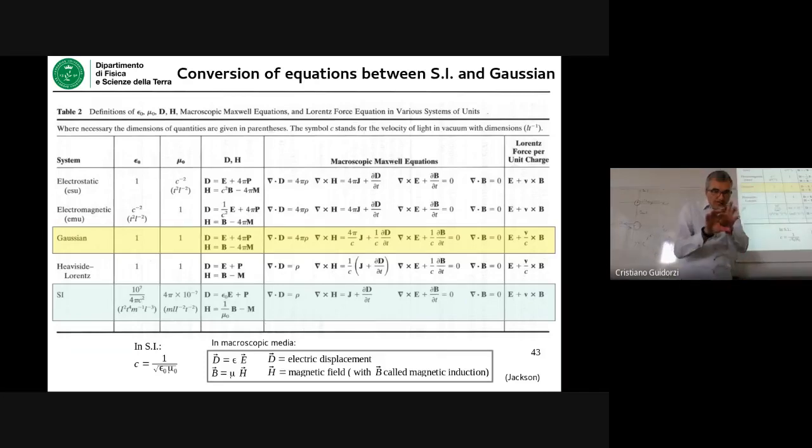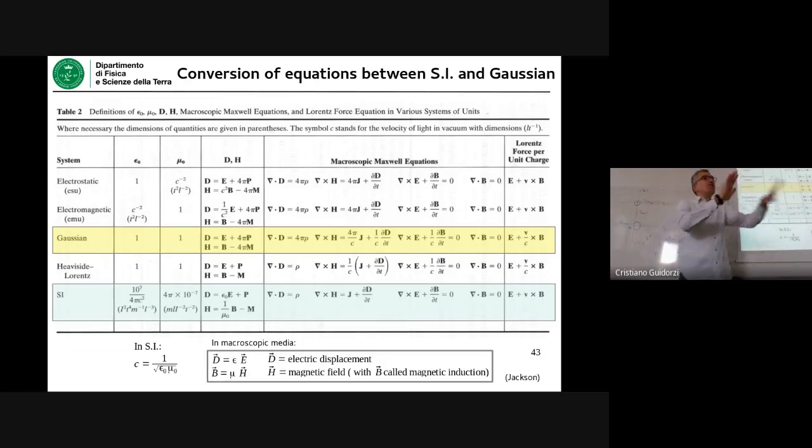In particular, this table is useful because it summarizes a lot of things, in particular the values of the constants depending on the system. Here it's very general. D is the so-called electric displacement when you are considering electromagnetic fields within media, with specific dielectric and diamagnetic properties.